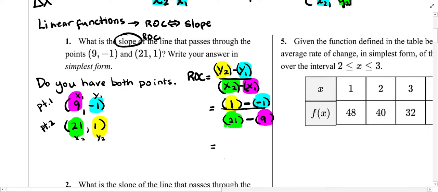For those of you that have not a very good calculator, you might want to do the numerator first and then the denominator second, and I'll show you in just a moment.